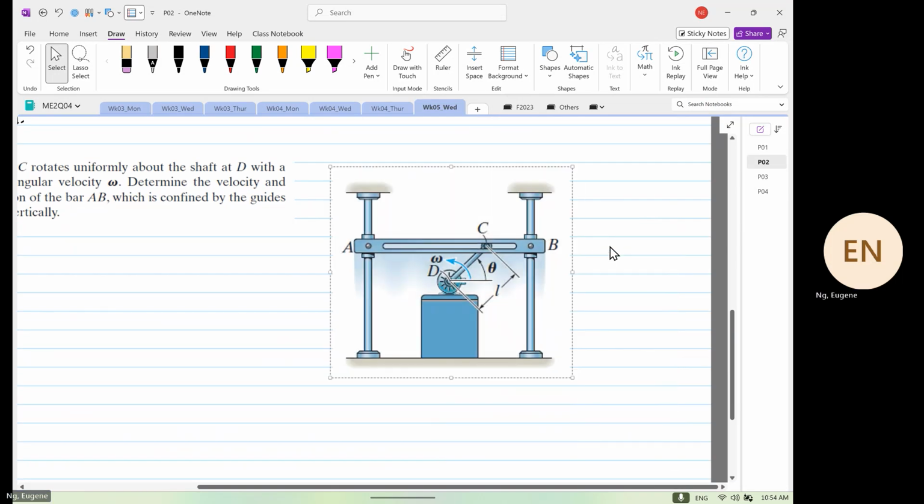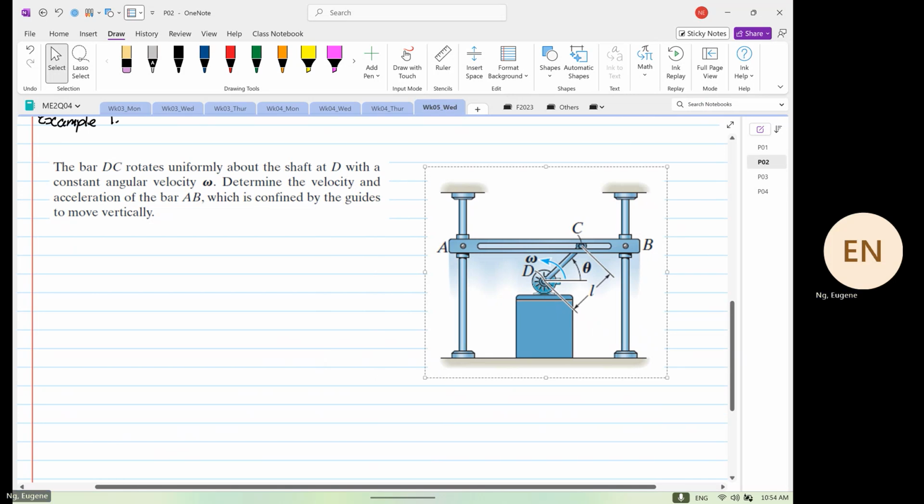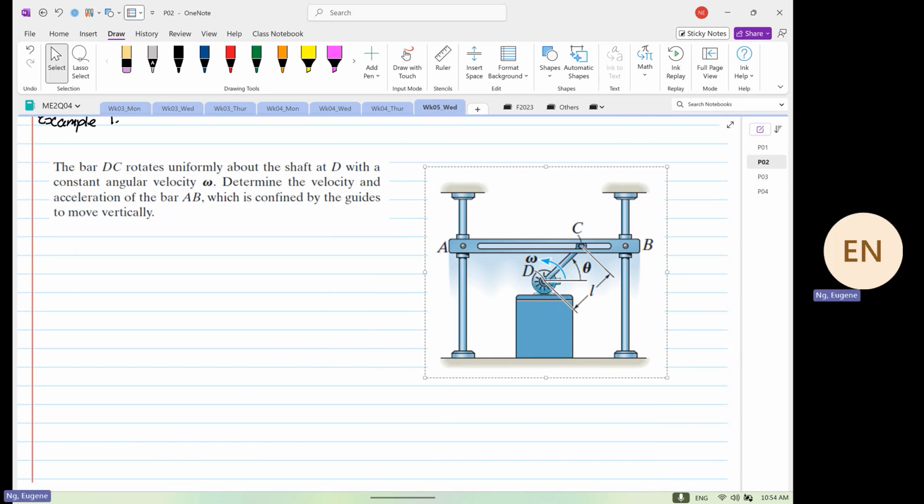Let's look at this structure over here. A lot of time this has to deal with math. We're going to do a lot of differentiation. So the bar DC rotates uniformly about the shaft at D with a constant angular velocity omega.